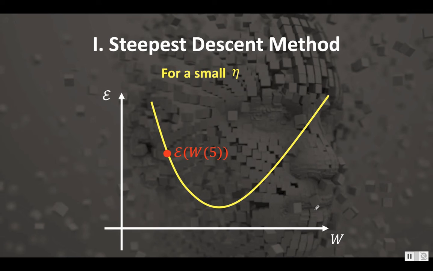Therefore, it will take a really long time to reach the optimal value here. On the other hand, if we choose a big eta, the updated weight will bounce back and forth, like we showed here, but it can never really reach the optimal value.